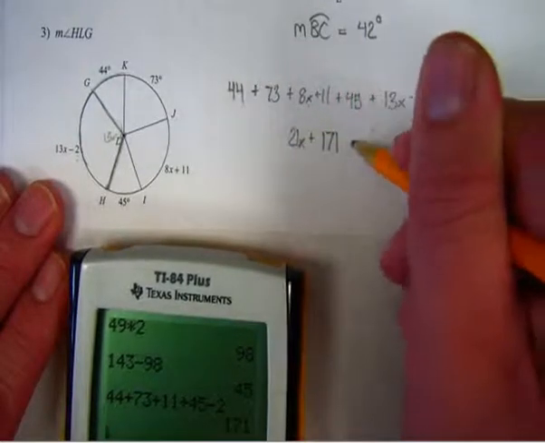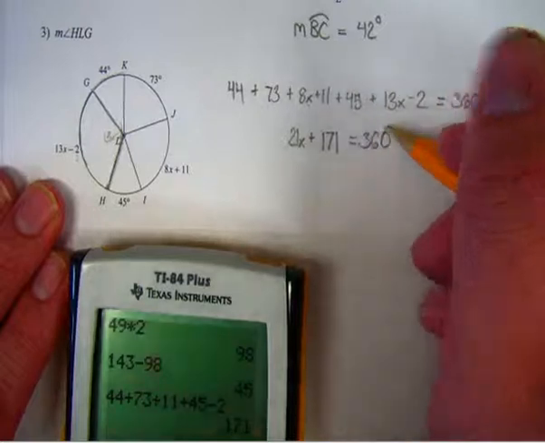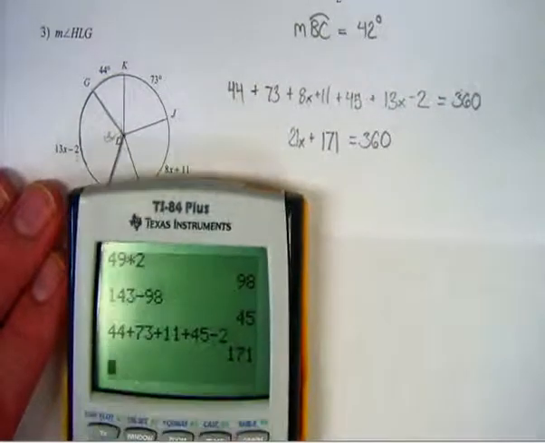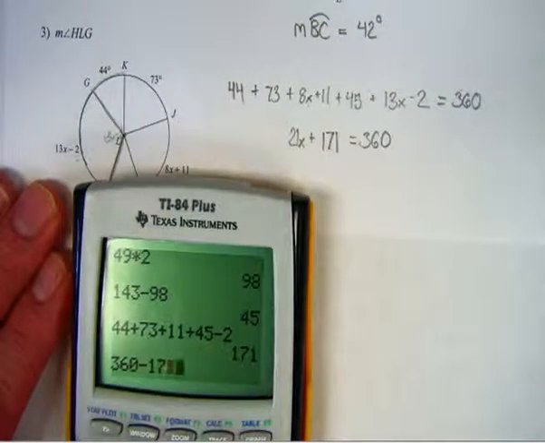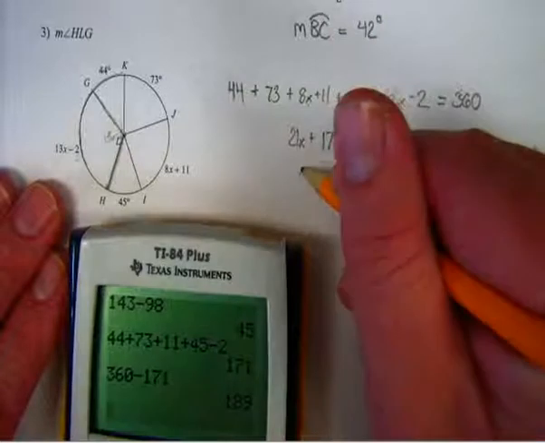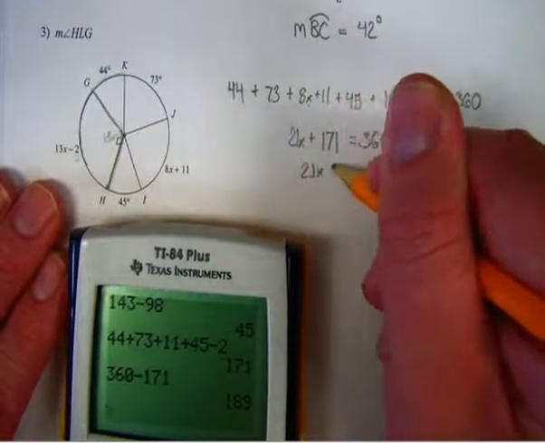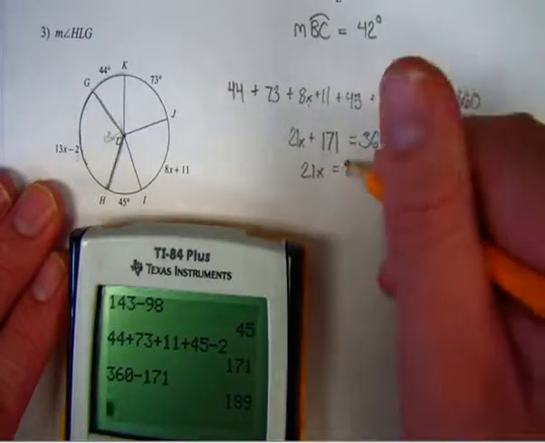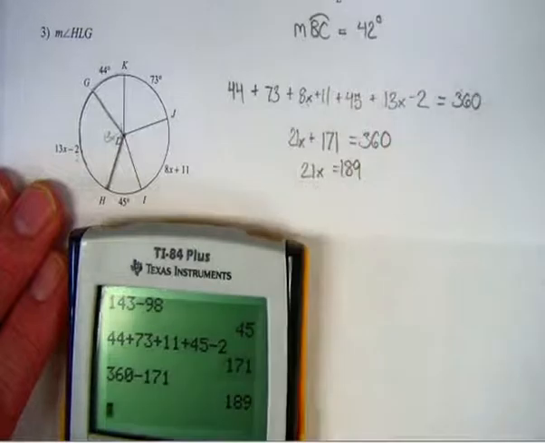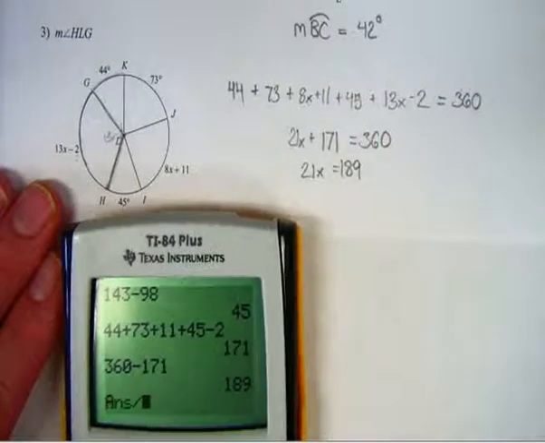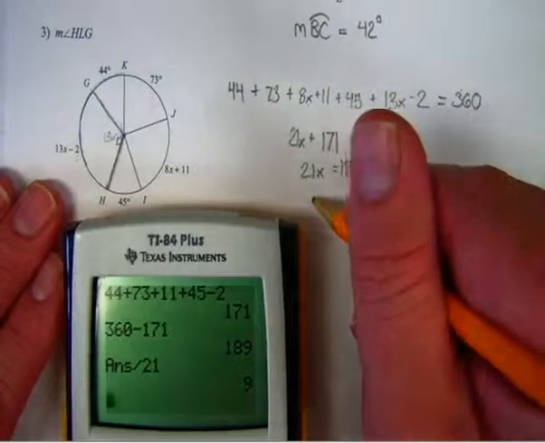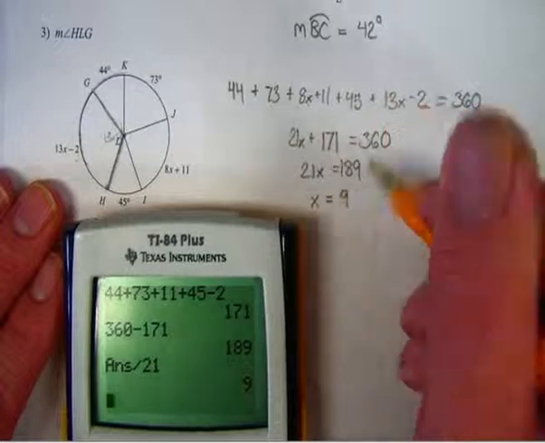So 21x plus 171 equals 360. Let's go ahead and take care of 360 minus 171. So we find that 21x is equal to 189. Divide both sides by 21, and I find that x equals 9.